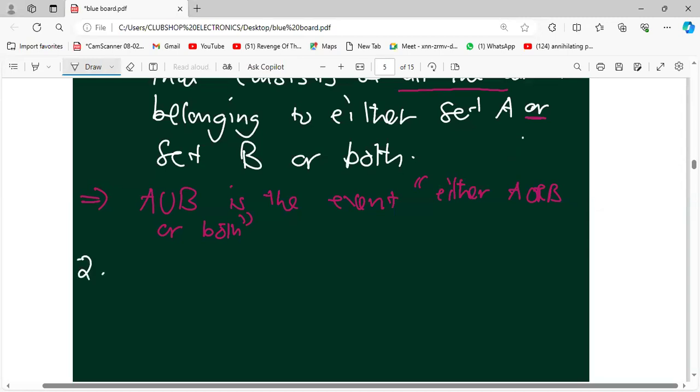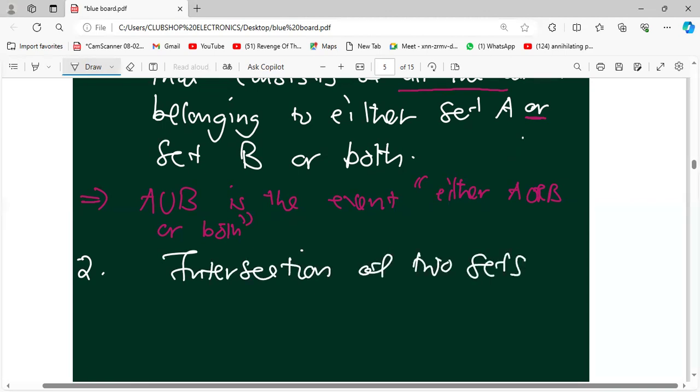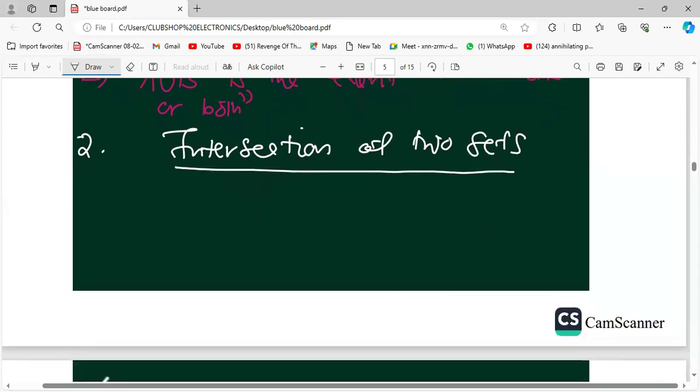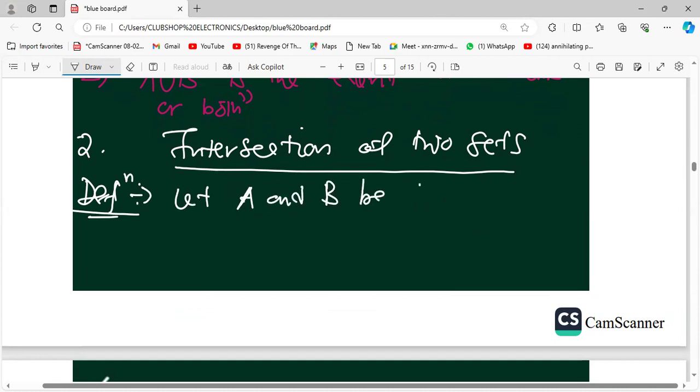Number two, intersection of two sets as well. To define that we need two sets. So by definition, let A and B be two sets. Then what are we saying?